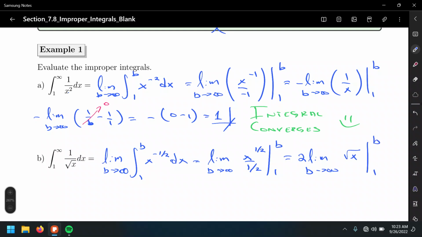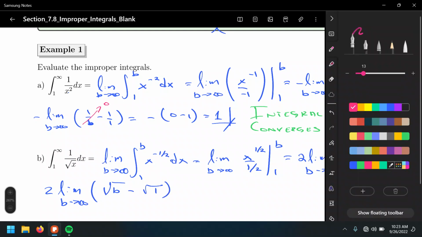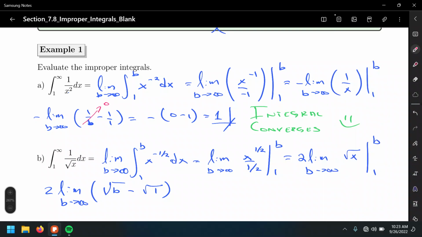So let's see over here. So upper limit minus lower limit, the usual, the same. And that's the square root of b minus the square root of 1. But this time, where is this limit going to?